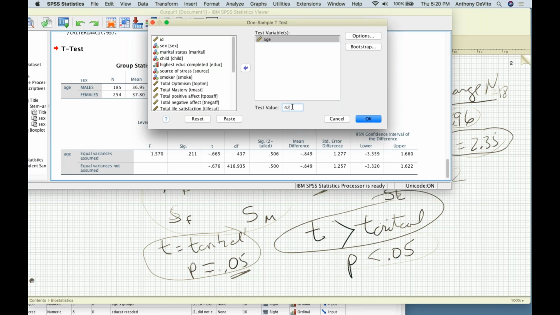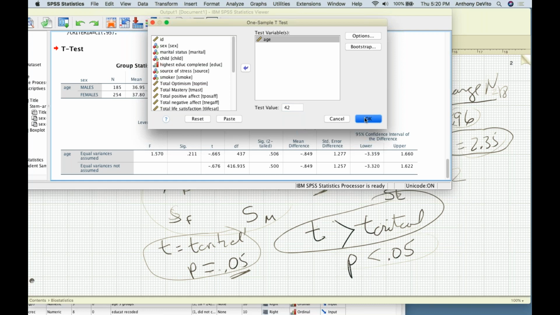SPSS is going to take the average age for New Yorkers, 42, minus X bar for Parisians. In other words, just like our other forms, X bar minus mu, or the other way around, and divided by the standard error for these Parisians. That's the only sample we have, so that's the only way for us to calculate the standard deviation for this group. So I'm going to put in 42 in there for the test value.